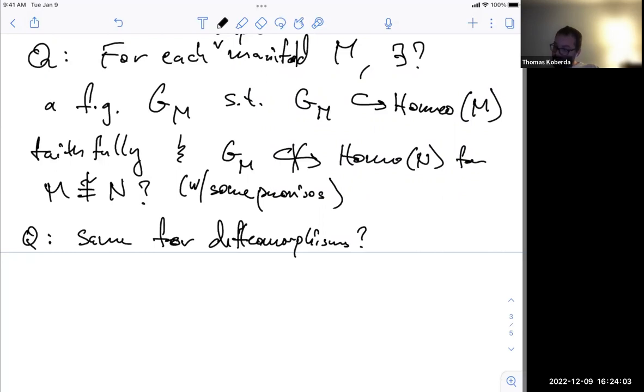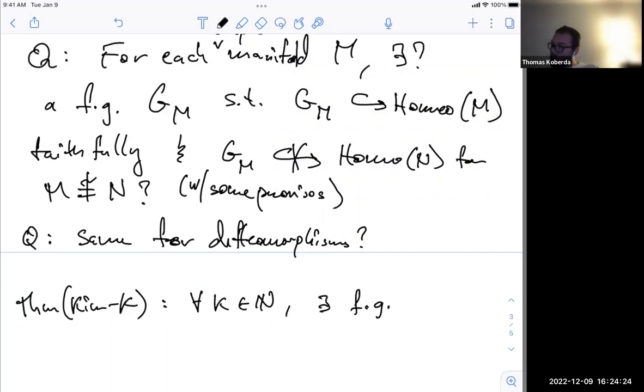So for instance, this is a theorem of Kim and myself that says that for all k in N, there exists a finitely generated group, maybe call it gamma k, such that gamma k embeds into diff k of the interval, and you can replace the interval by S1, you get the same conclusion.